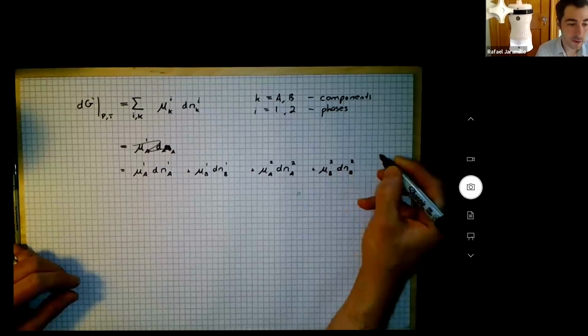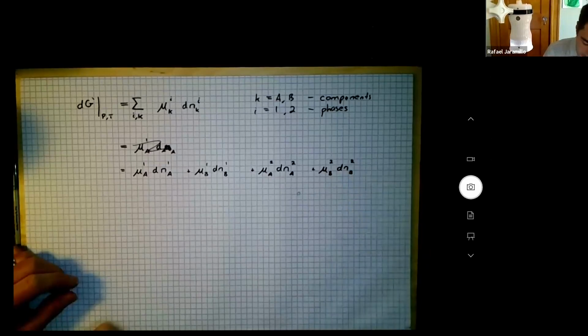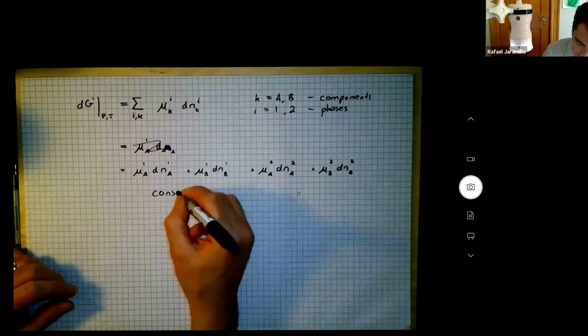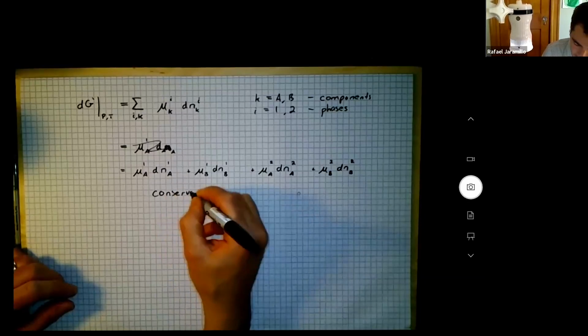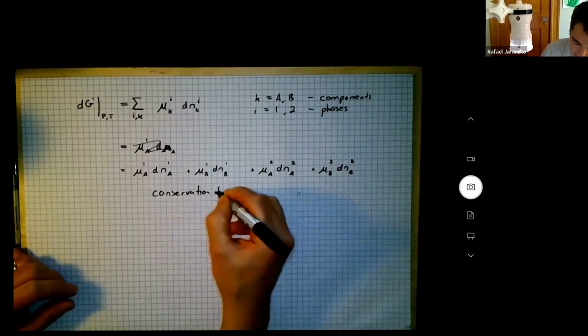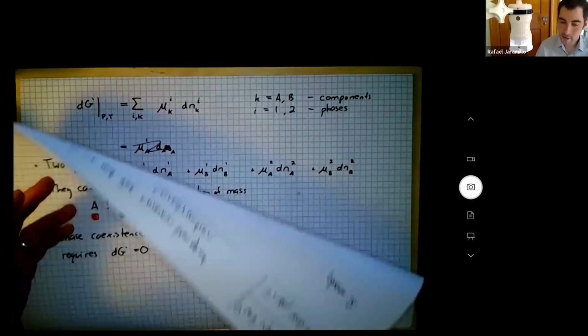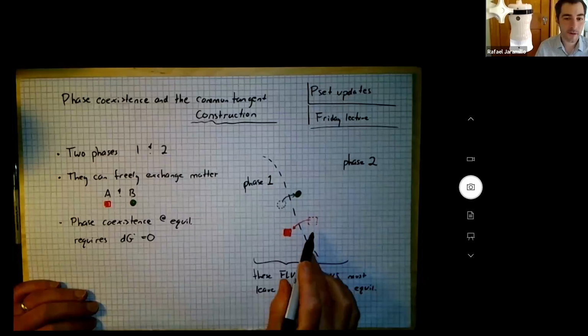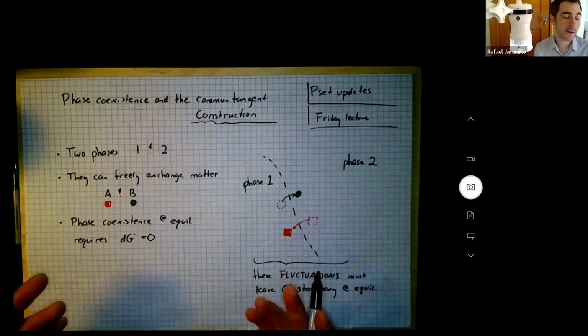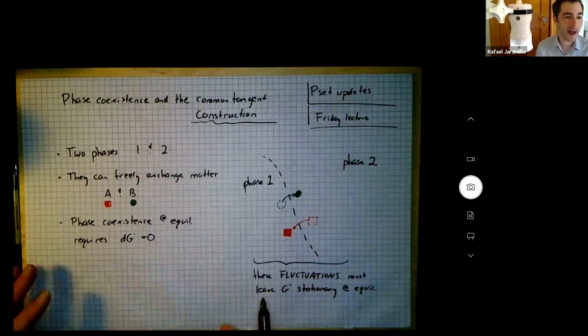Okay, so we've written that out. Now we're going to use conservation of mass. I can have molecules or atoms jumping back and forth, but I can't have them just disappearing or just appearing. I've got to have mass conserved.